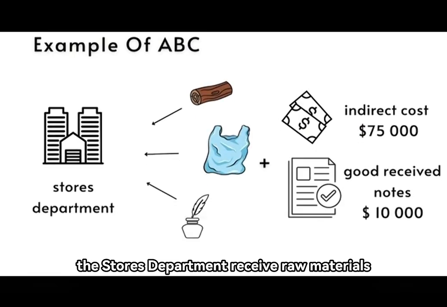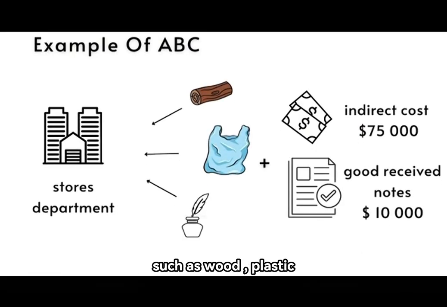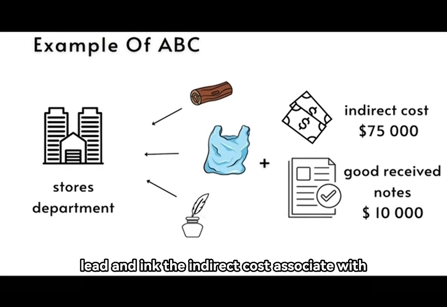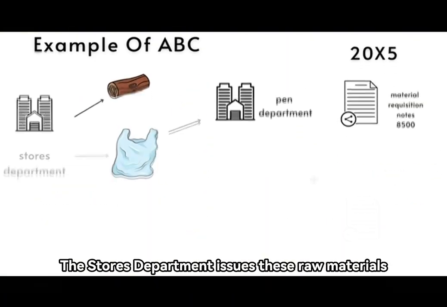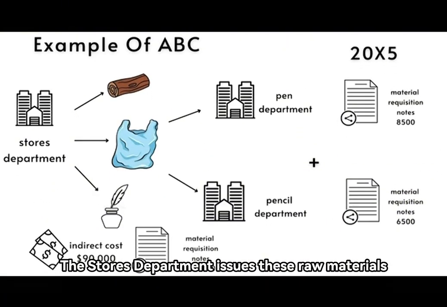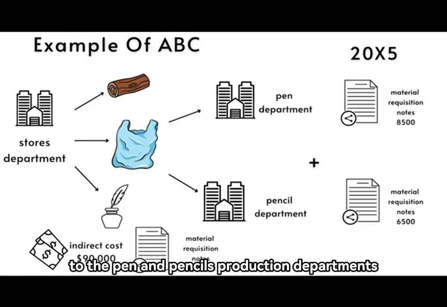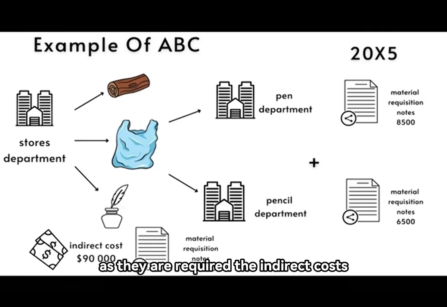The stores department receives raw materials such as wood, plastic, lead, and ink. The indirect costs associated with receiving raw materials are $75,000, and the total number of goods received notes processed by this department is 10,000. The stores department issues these raw materials to the pen and pencil production departments as they are required.